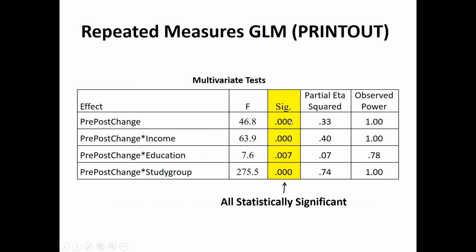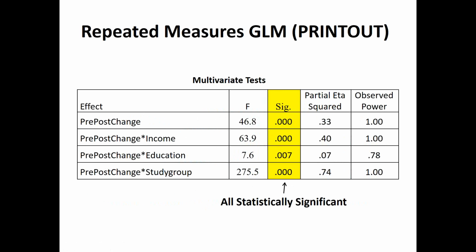And if you only had one group, so if it was a single group intervention, this would be the number you're looking at. Now we're also controlling for income. So pre-post scores by income are also significant. The same with education level. And then also the study group. So they're all statistically significant. So all the predictors are related to these pretest to post-test scores.